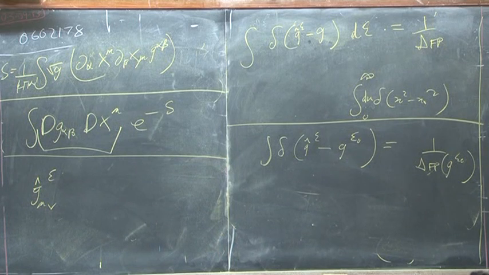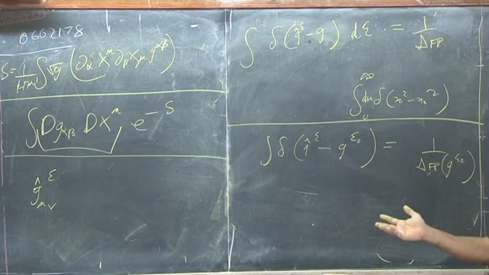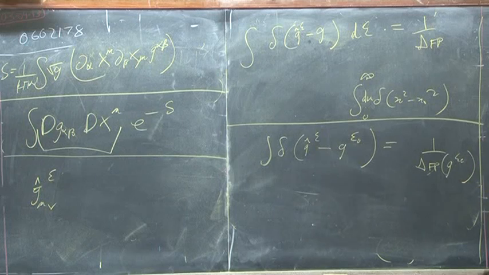How does the diffeomorphism act on x's? By how a scalar acts. How does it act on g's? How a diffeomorphism acts on g's. So it's not that the diffeomorphisms act only on g's and don't act on x's. They do act on x's.